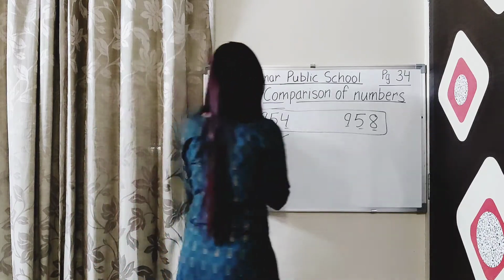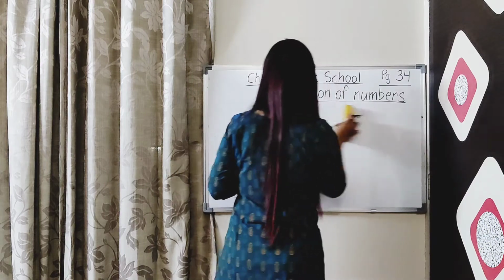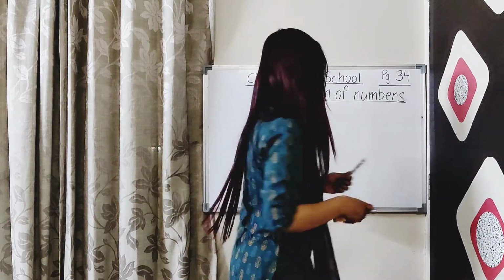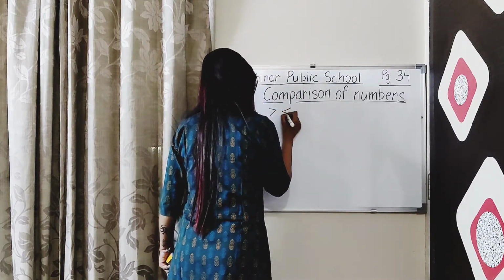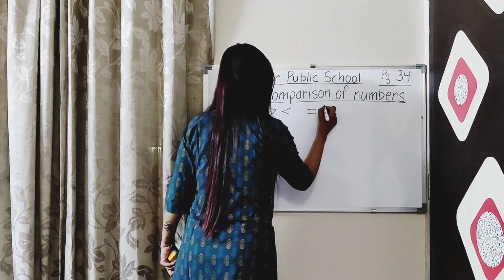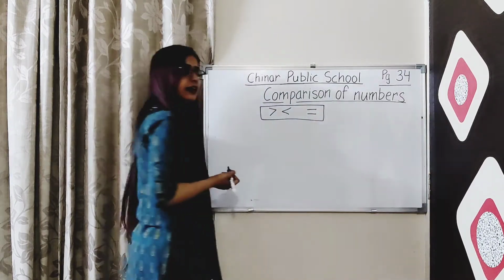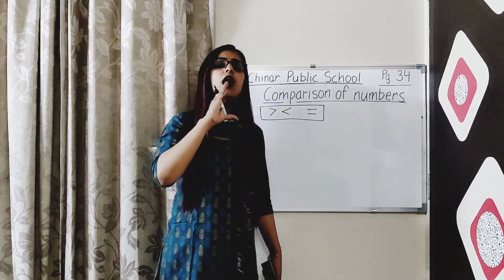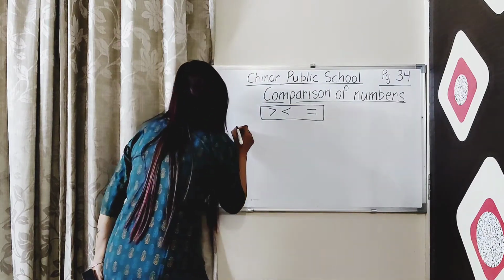Fine, children. Hope this is clear to you. Now what if we have to put the sign? We have already done these signs in class 1 also, the crocodile signs, right? And we all know the crocodile likes to eat the bigger number.